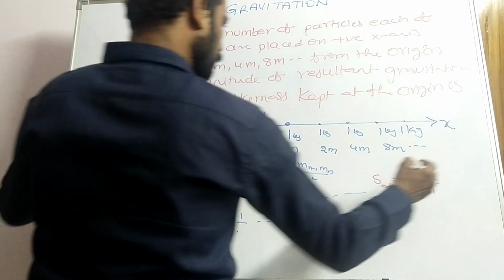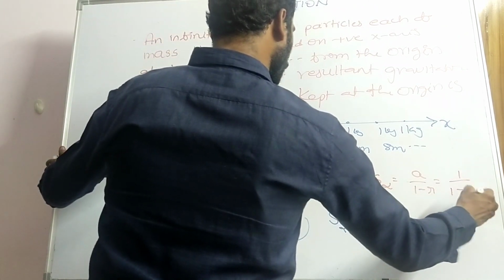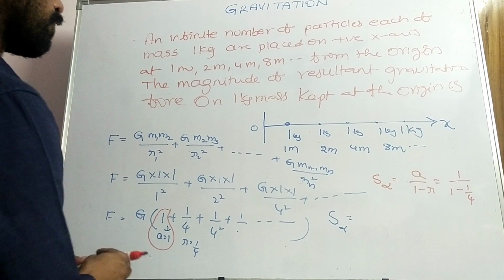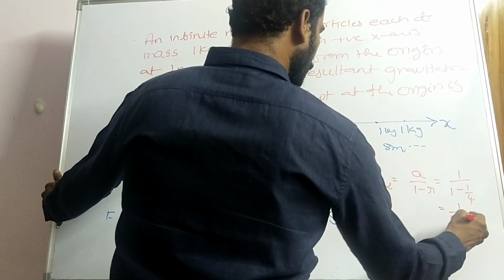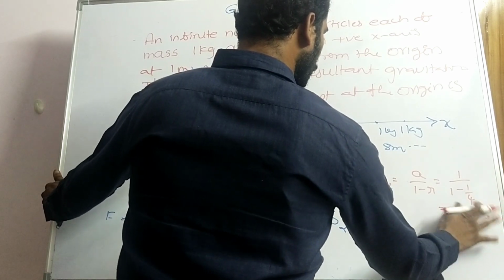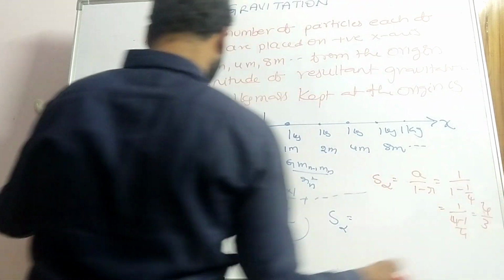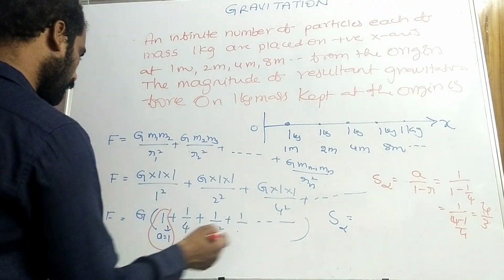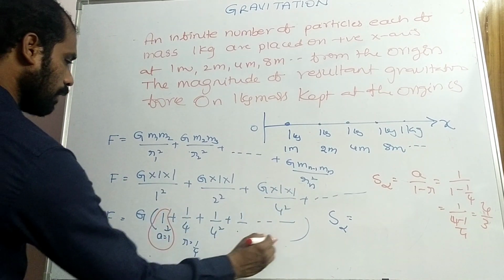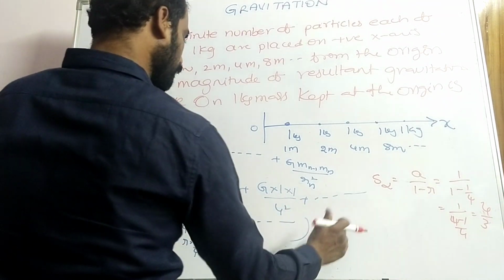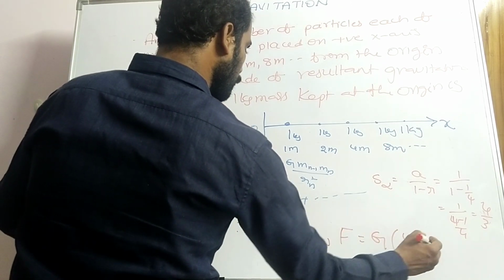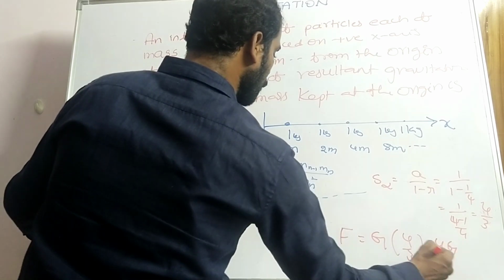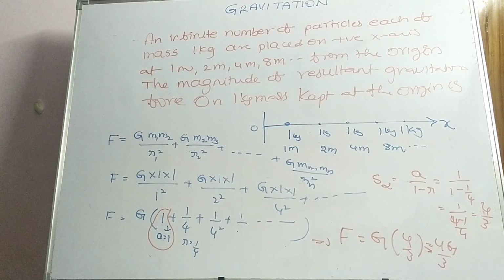So 1 by 1 minus 1 by 4, as we had, can be written as 1 by 3 by 4, that is equal to 4 by 3. So the value in the bracket is 4 by 3, and F is equal to G into 4 by 3. So that is 4G by 3. The answer will be 4G by 3.